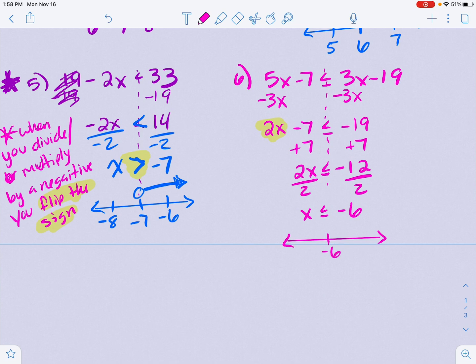And so negative 6 goes in the middle. We go one smaller, one bigger. My sign is a less than or equal to, so it is a closed circle, so color it in. And x is less than, x is smaller than negative 6, so we shade to the left.